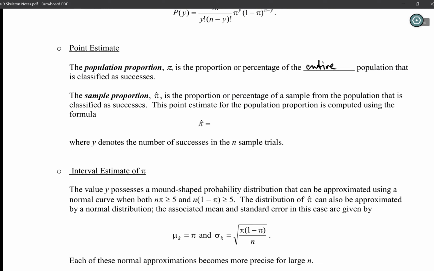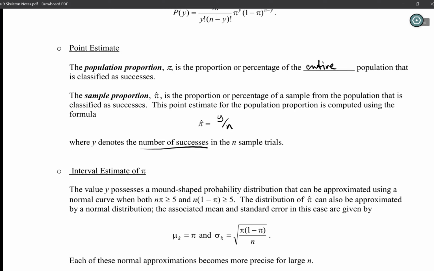We estimate that with a sample proportion, pi hat, the proportion or percentage of a sample taken from the population that's classified as a success. The way we compute this pi hat is y over n, where y is the number of successes. Pretty straightforward idea.